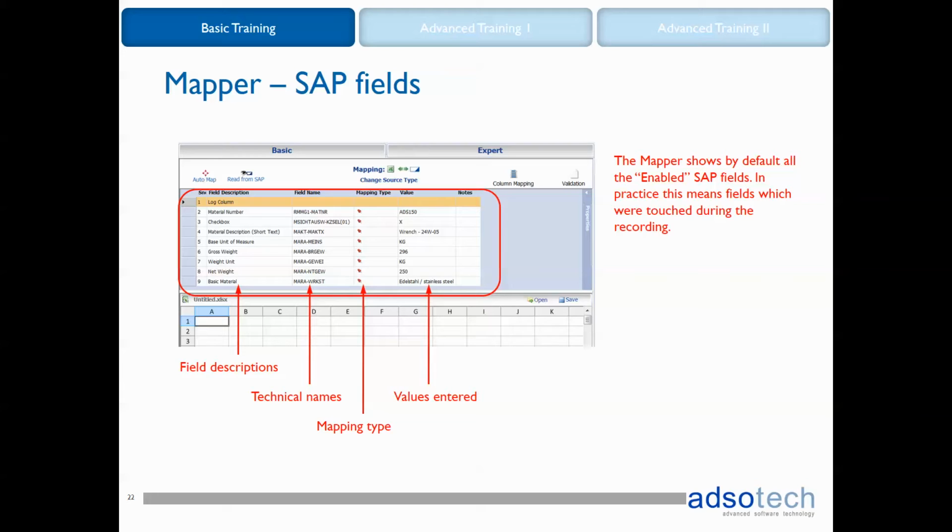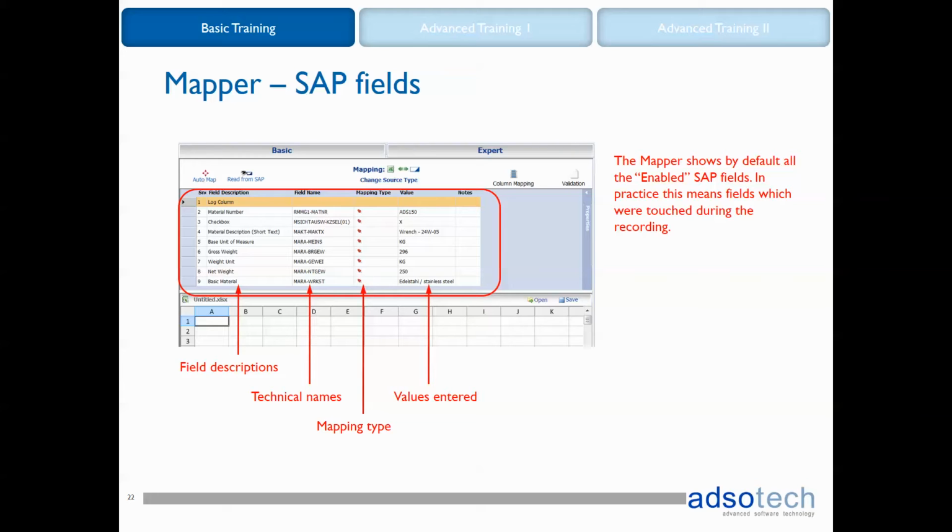So what we see here in the basic tab is first of all the SAP fields that we have recorded. So over here we have a list of the SAP fields. For each field we have a field description, the technical name of that field in SAP.